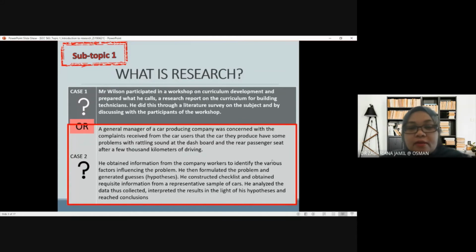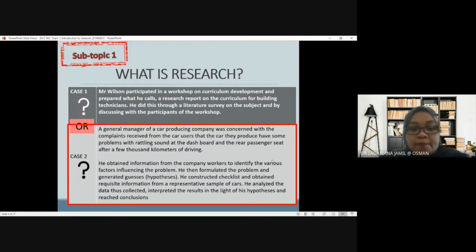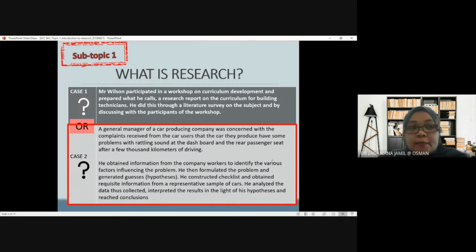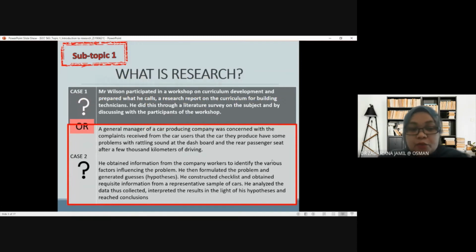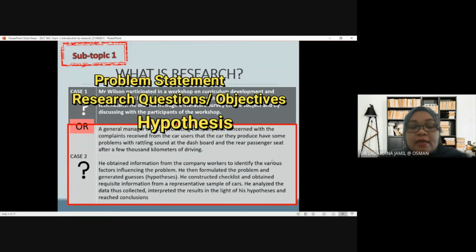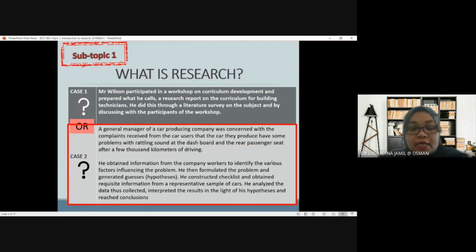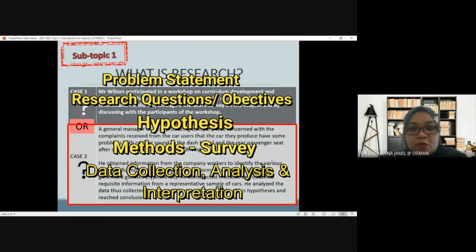There is a clear flow of a research: identifying the problem statement, then doing some research on how the problem happened, then formulating the problem and generating some guesses, which is a hypothesis, and then doing some survey, some checklist, to get the data.